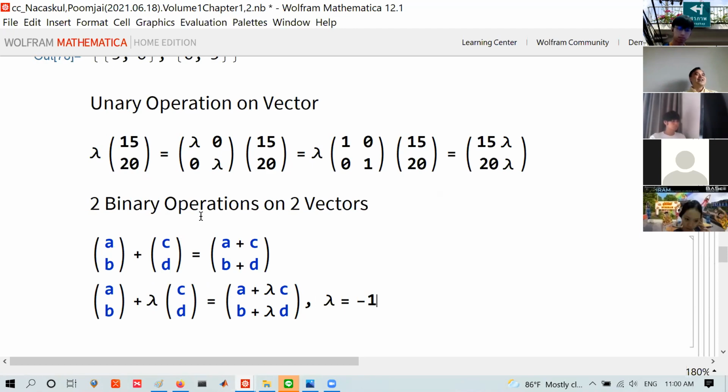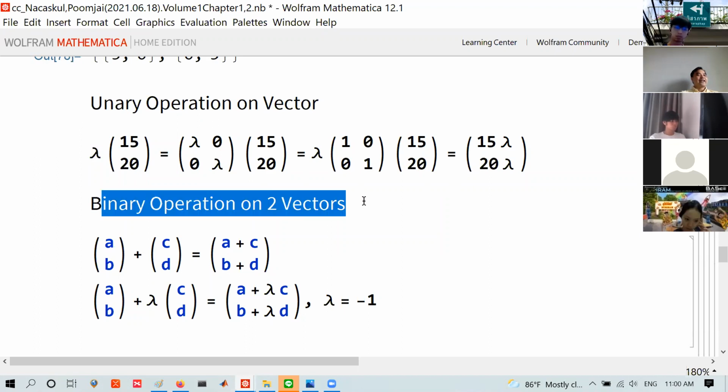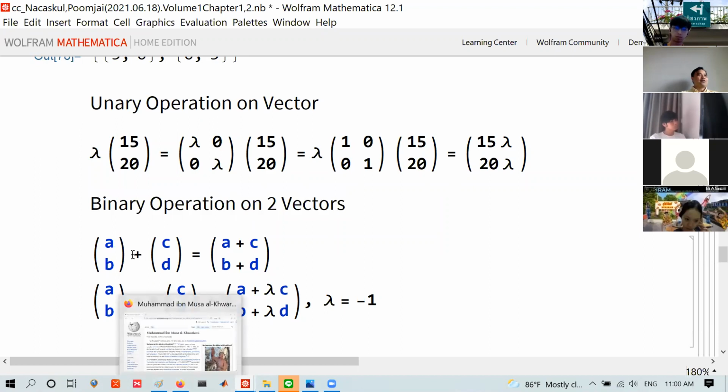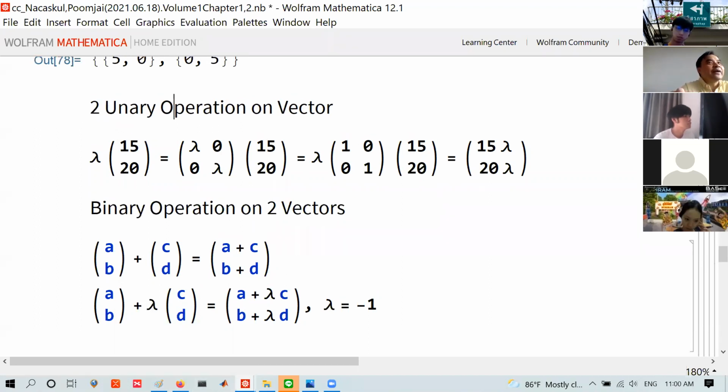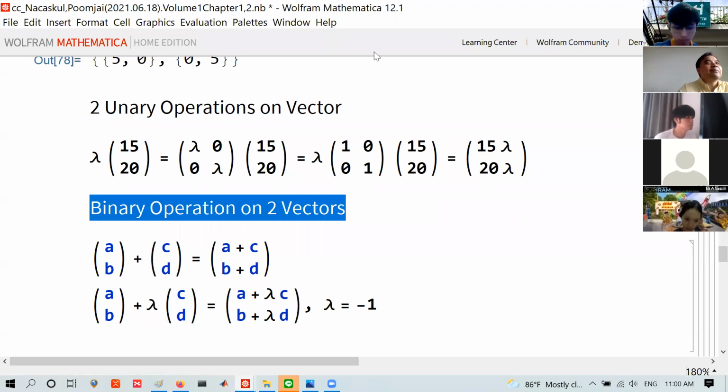So essentially, you have just two operations. You just have one binary operation. It's called addition. If you want to subtract, you just add by a negative multiplication. So now you have two unary operations on vector and one binary operation.